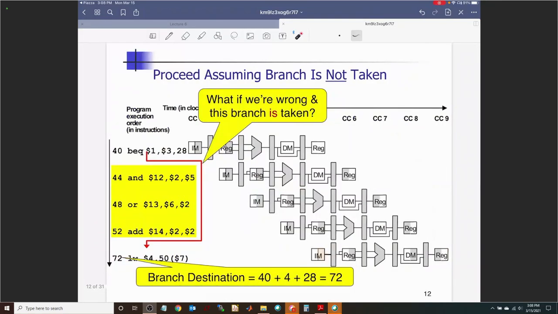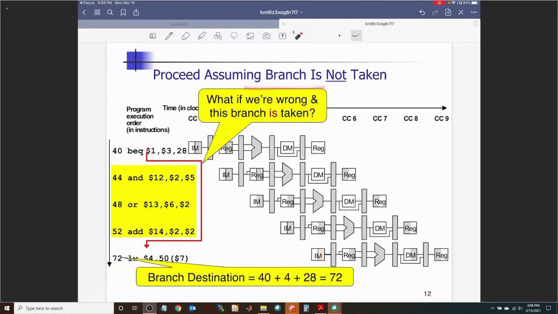So that's idea number 2, where you proceed assuming that the branch is not taken. So if you assume that the branch is not taken, which means that branch when equal stage has it is not equal, right? So that means that the BEQ, you're not branching, right?